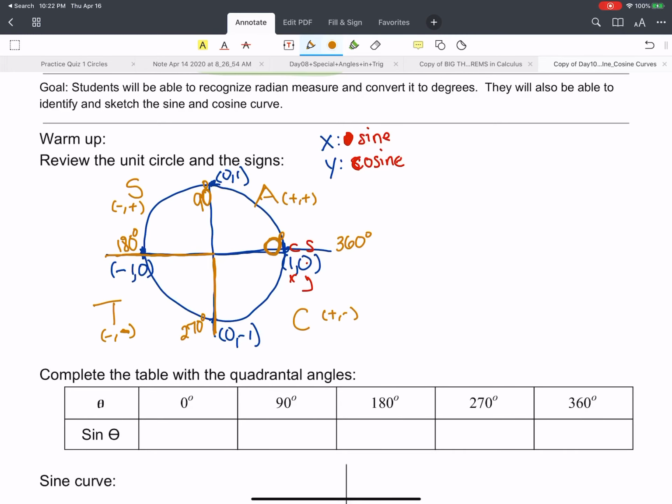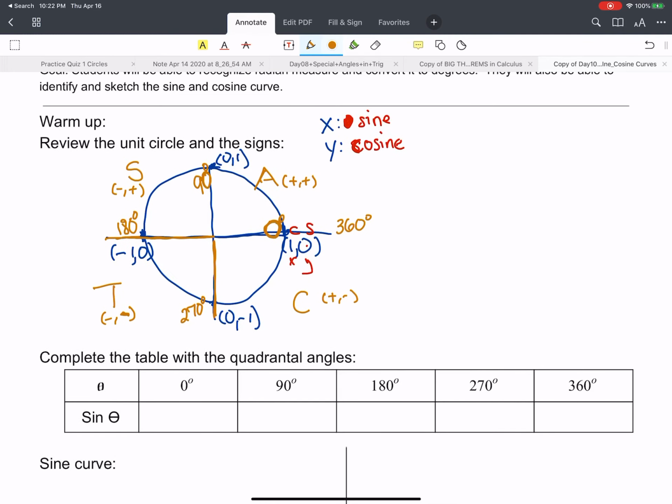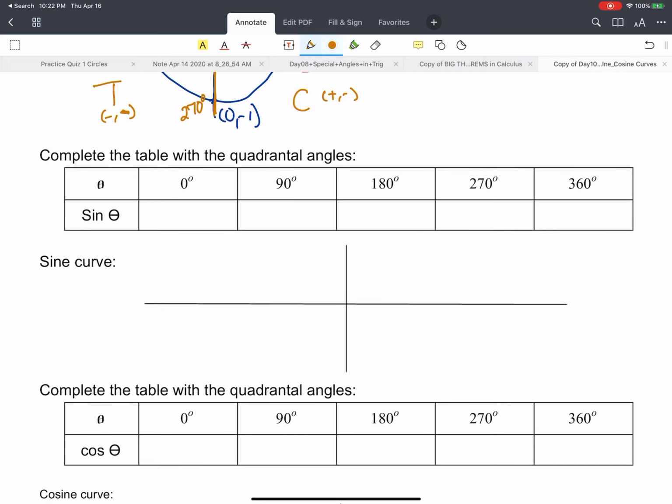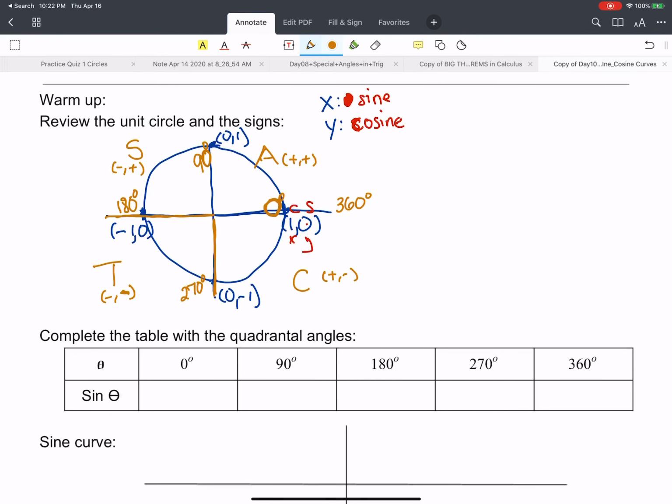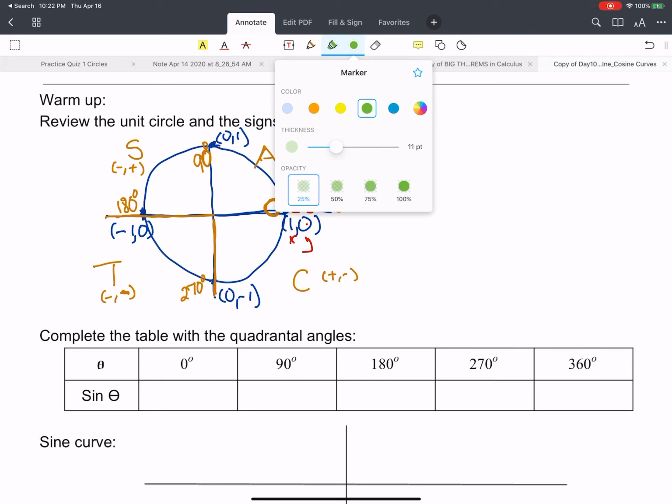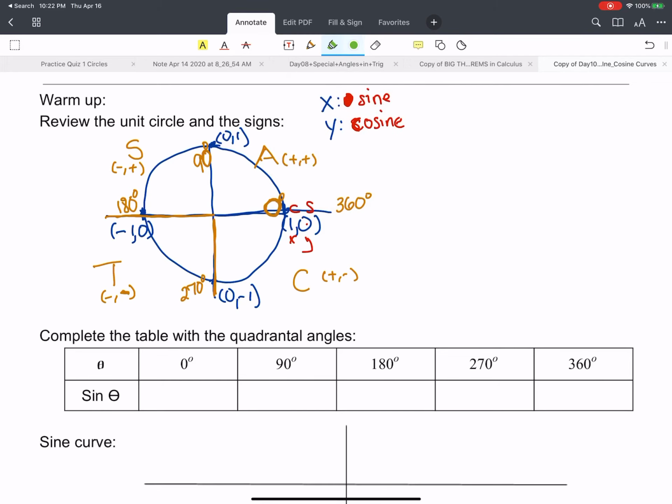Now let's get into the graphs. In order to do that, we're going to look at theta and figure out the sine of theta. You can type this in your calculator, but you have the unit circle right in front of you, so you can just look at it.